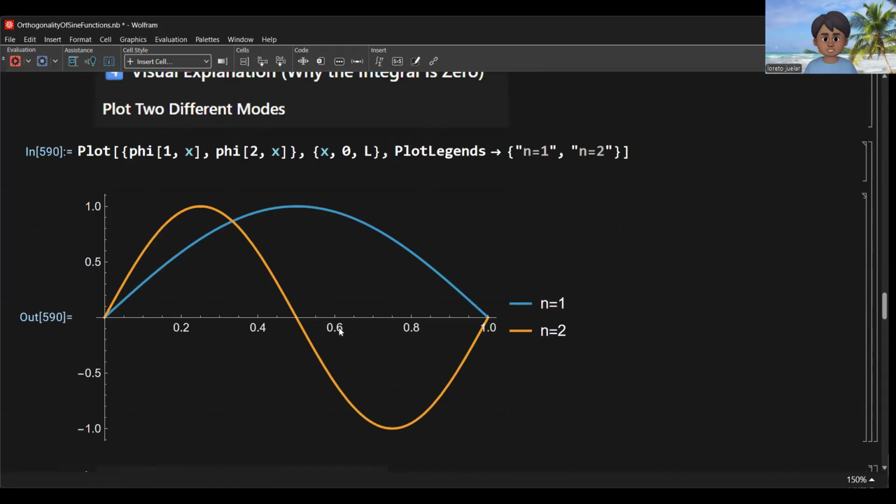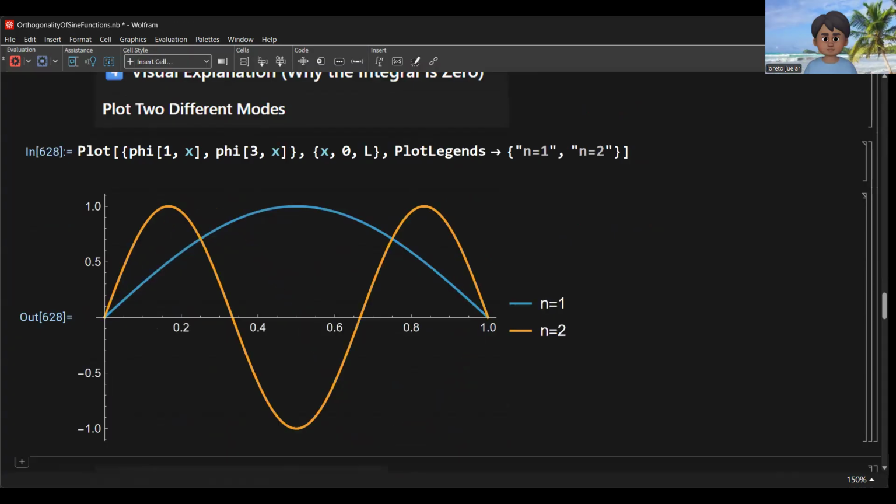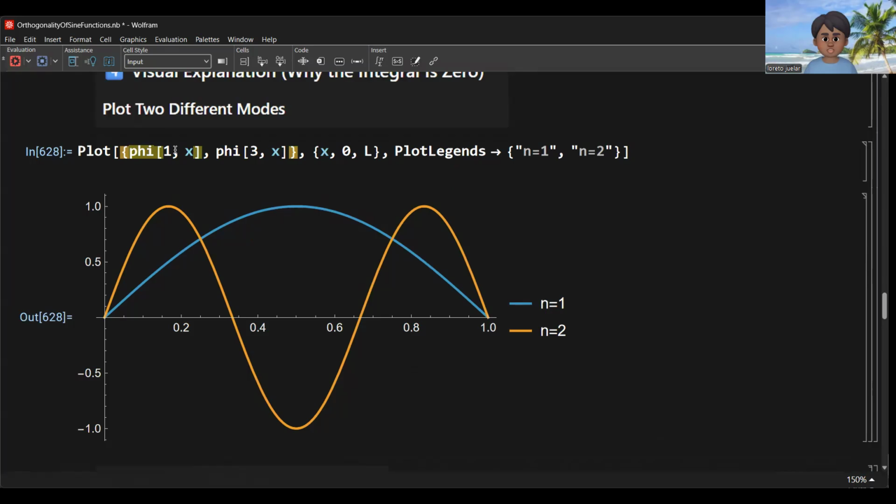Then we have the different modes here. For example, for n equal to 1 and n equal to 2. We can also make it 3.